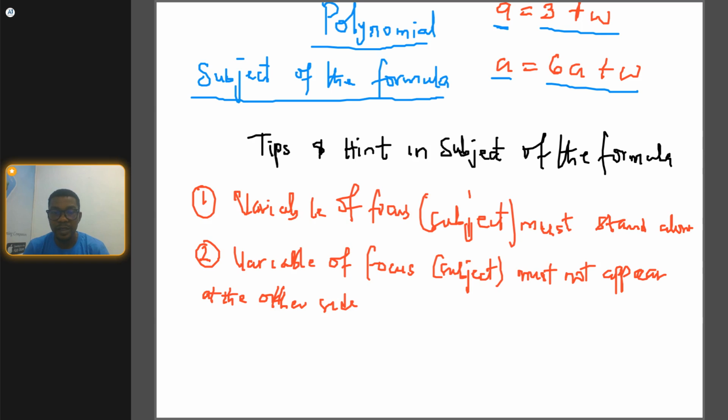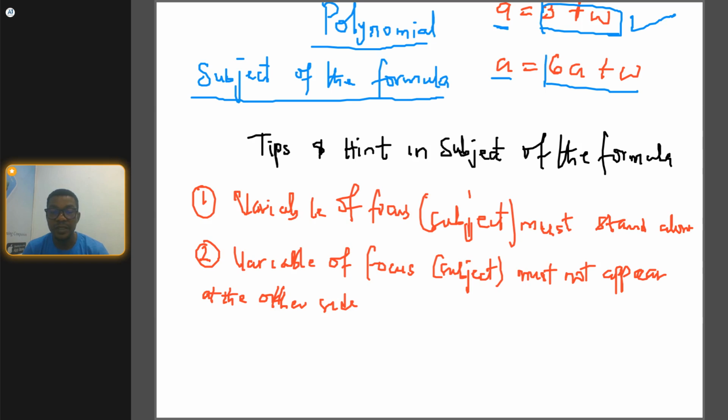Now look at this. Do we have A here? Do we have anything like A in this expression? Yes or no? No? Okay. Thank you for your response. So this is perfectly accurate and correct. But let's check this.